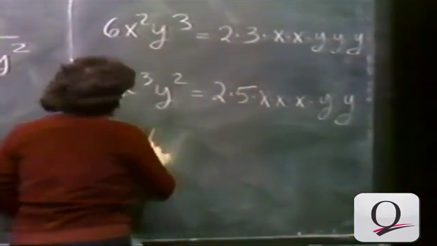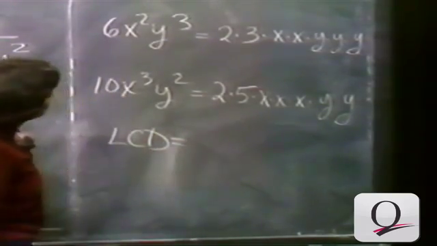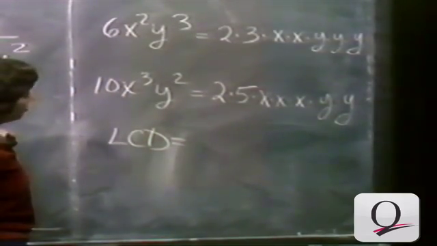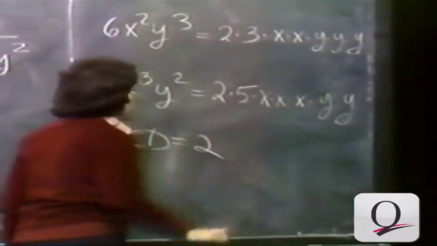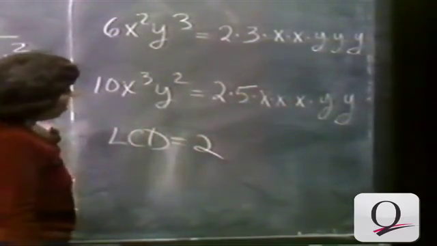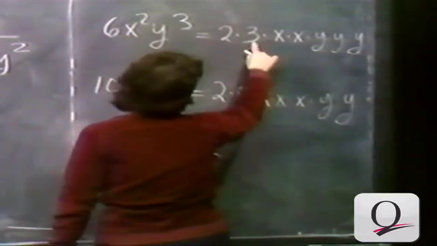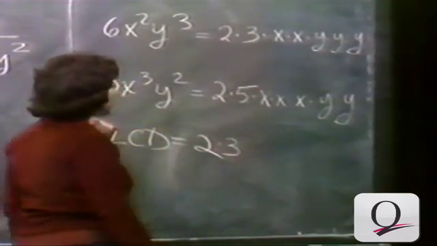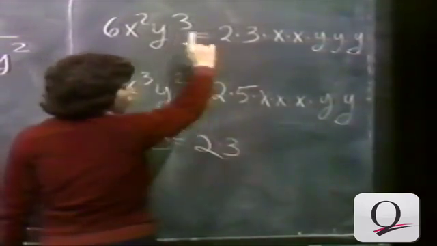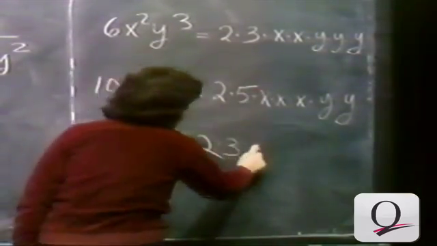Now we form the lowest common denominator. And we see we have a factor 2. 2 occurs once here and once here, so it occurs once in the LCD. Okay, then we have a factor of 3. Once here, 0 times here, so we have to put it in 1 time. 5. There are no 5's here, there is one 5 here, so it has to go in once.